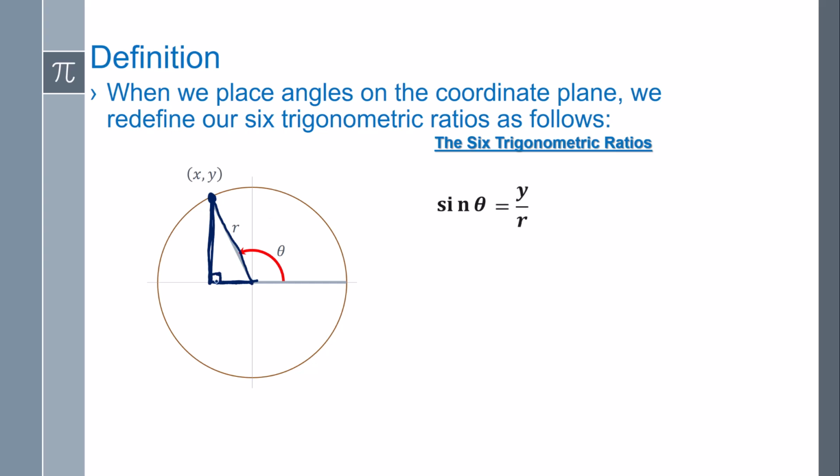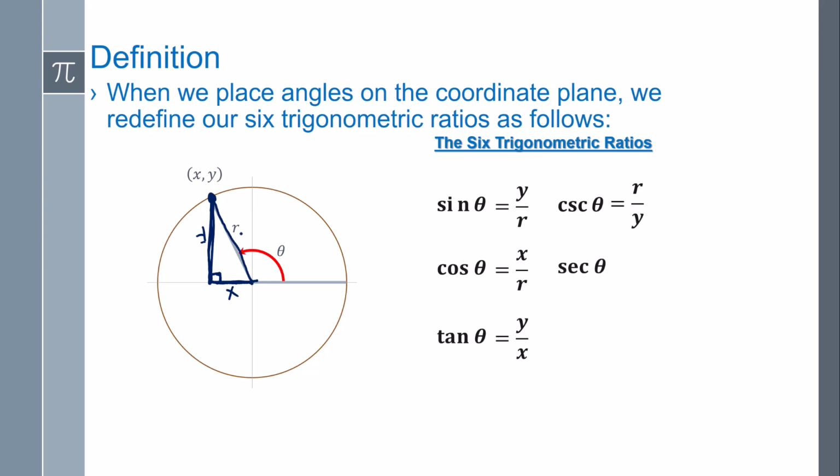Because I know this is my y coordinate and this is my x coordinate, sine is opposite over hypotenuse. Opposite is my y, so y over r. My cosine is adjacent over hypotenuse, or x over r. My tangent is opposite over adjacent, or y over x. Cosecant is the reciprocal of sine, so you flip it, r over y.